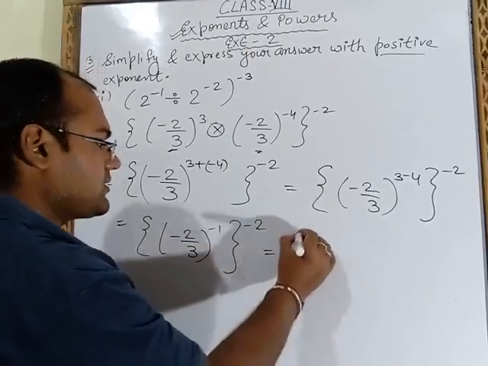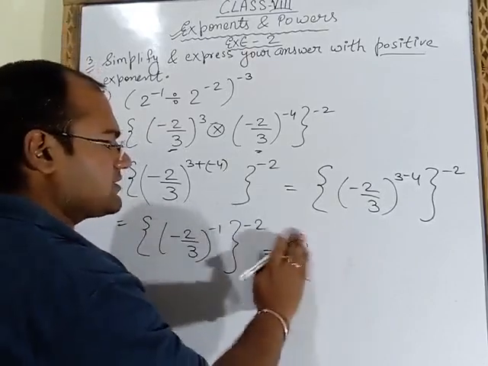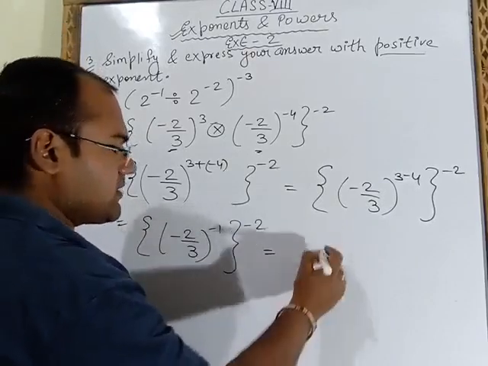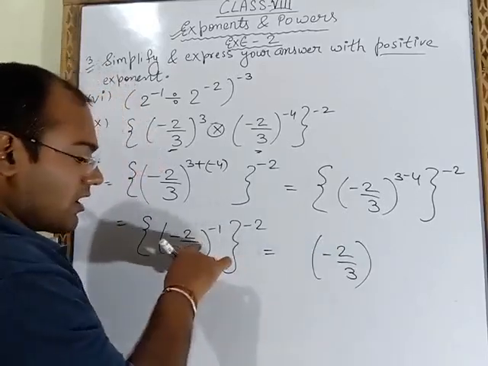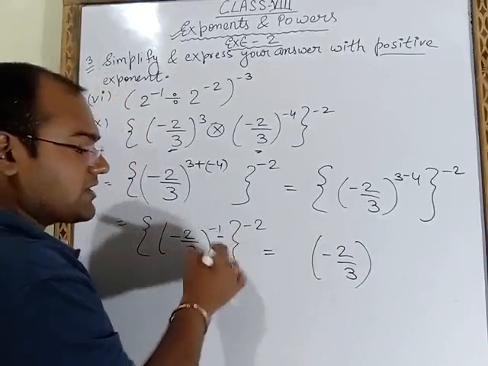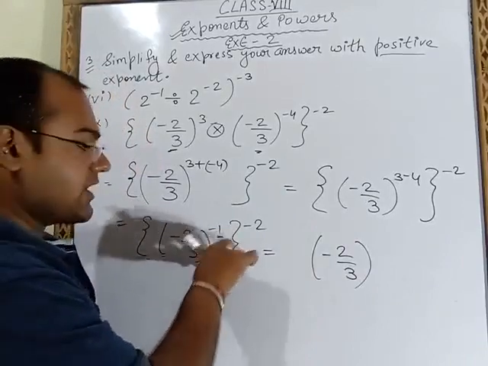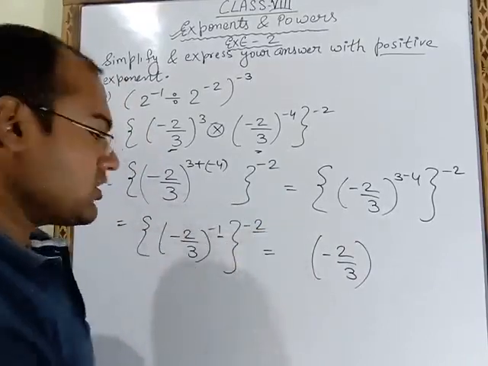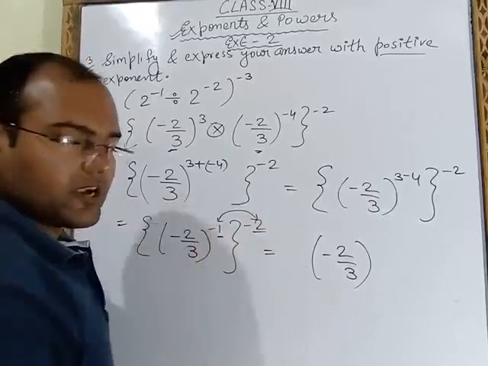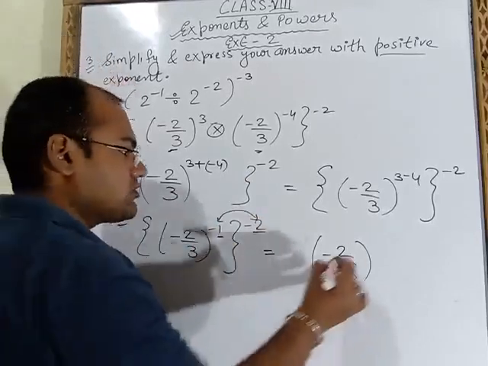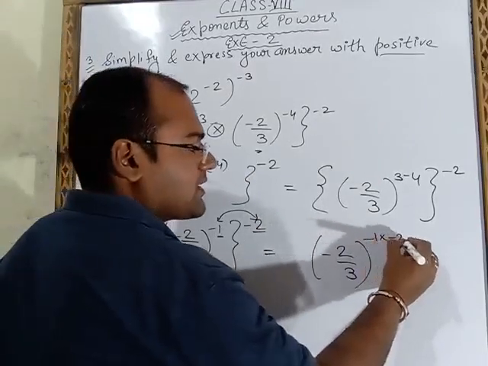The next step is to write this base as it is. What is the base? The base is minus 2 upon 3. One power is given inside the bracket and one power is given outside the bracket. So we have to multiply these two powers. So minus 1 multiply minus 2.